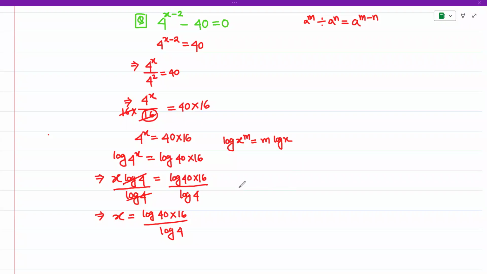Now we use here the product rule of logarithm, which is log a times b equal log a plus log b. So log 40 times 16, we can write that log 40 plus log 16 over log 4.